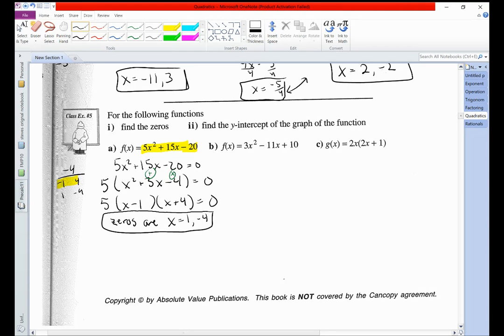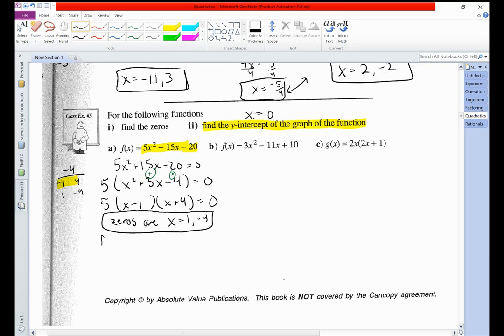And now we want to find the y-intercept of the graph. So you have to remember, when you're finding the y-intercept, what's the value of x? Anywhere you cross the y-axis on the graph, your x value is always 0. So what you can do is solve your function when x is 0.